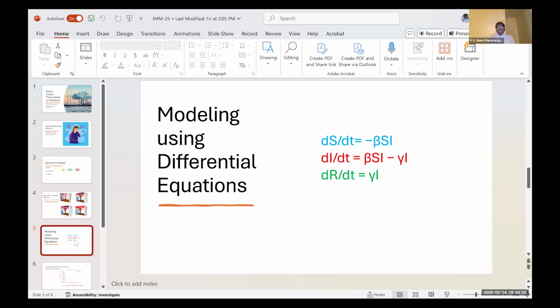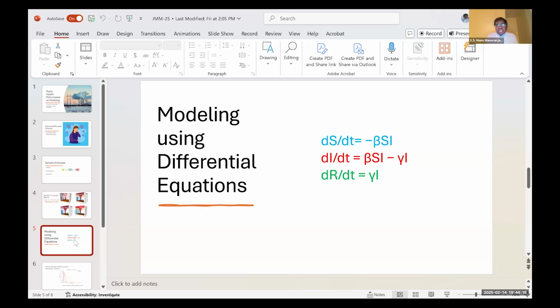So what I do is I look at the first two equations, ds by dt equal to minus beta si, and then di by dt equal to beta si minus gamma I. Now, if I divide the second equation by the first equation, I'm going to get a relationship between I and s.